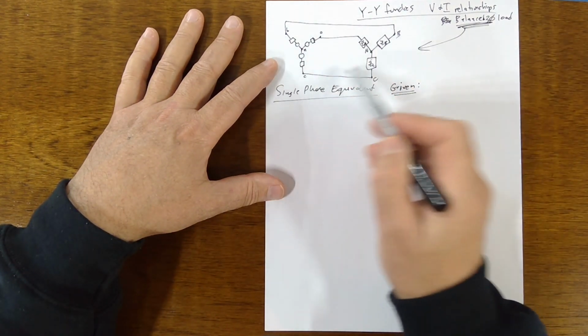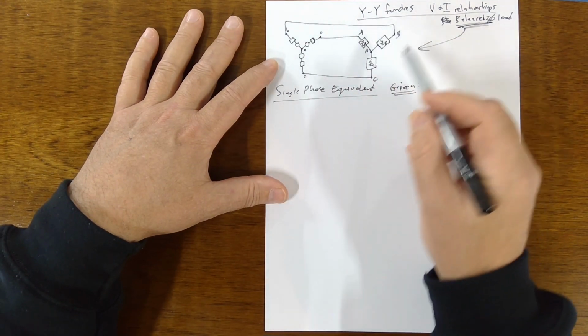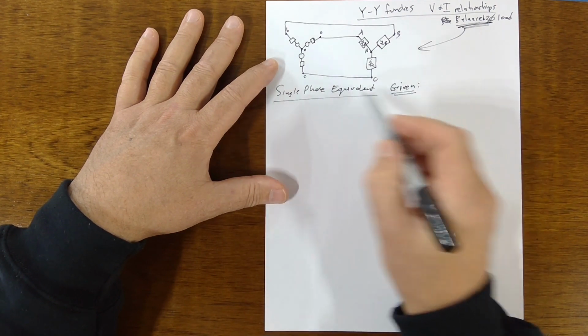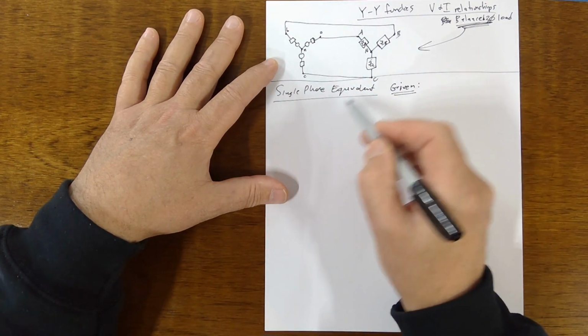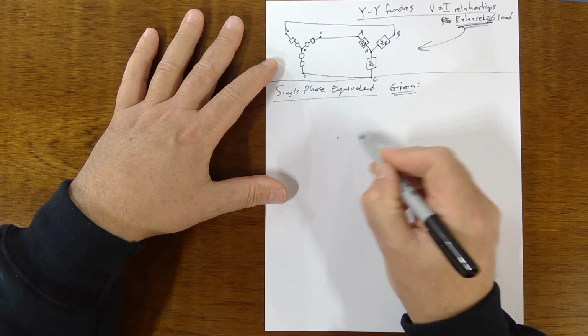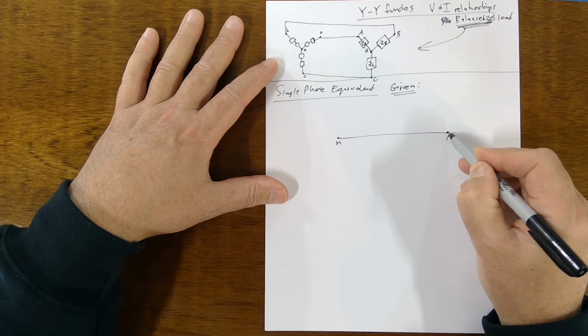I'm drawing this just for your own edification, but I think what they actually gave you was this single-phase equivalent down here. So here it is. It's a balanced load, because if it's balanced, you can model it like this.